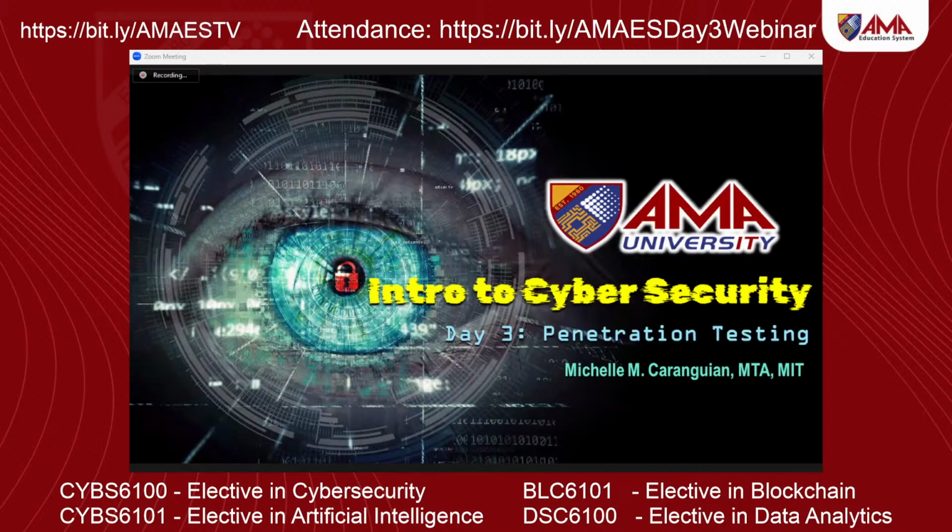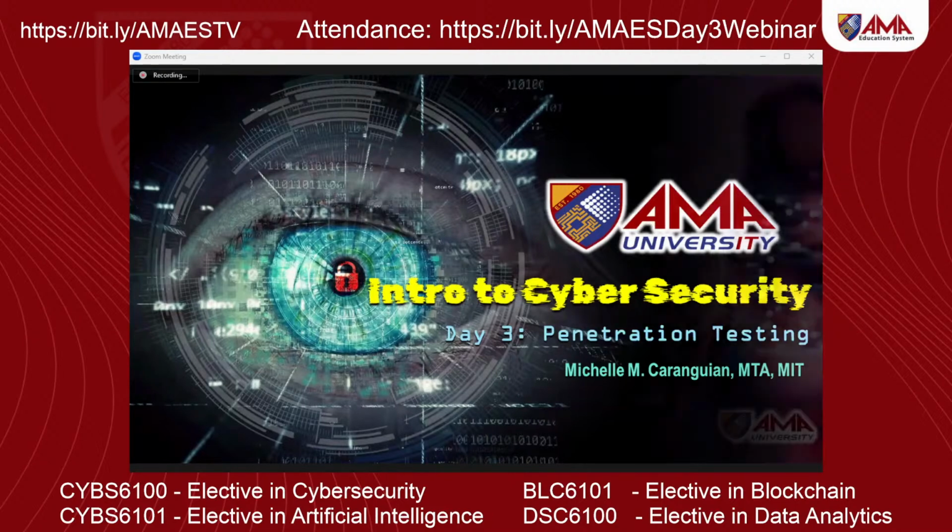So ito ay cybersecurity technique na ginagamit ng organizations to identify, test and highlight yung mga weak spots sa security posture ng company. So ito ay may consent ng company. Okay. So ang penetration testings are carried out by ethical hackers.